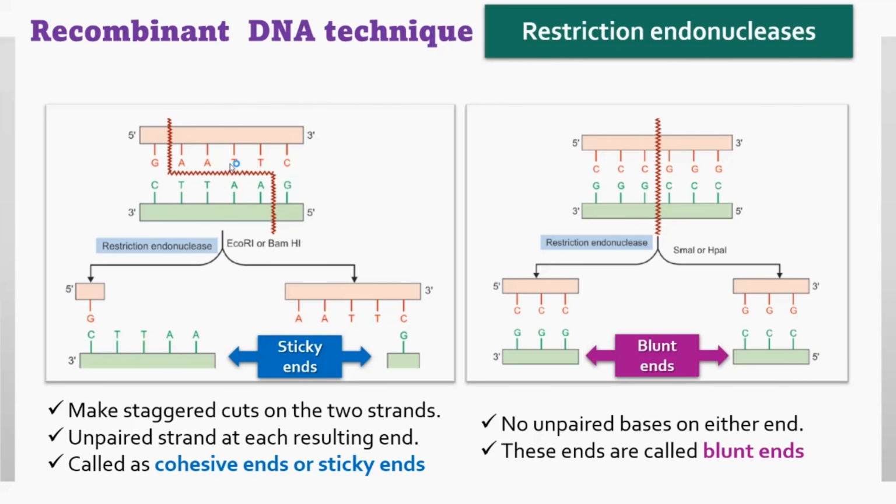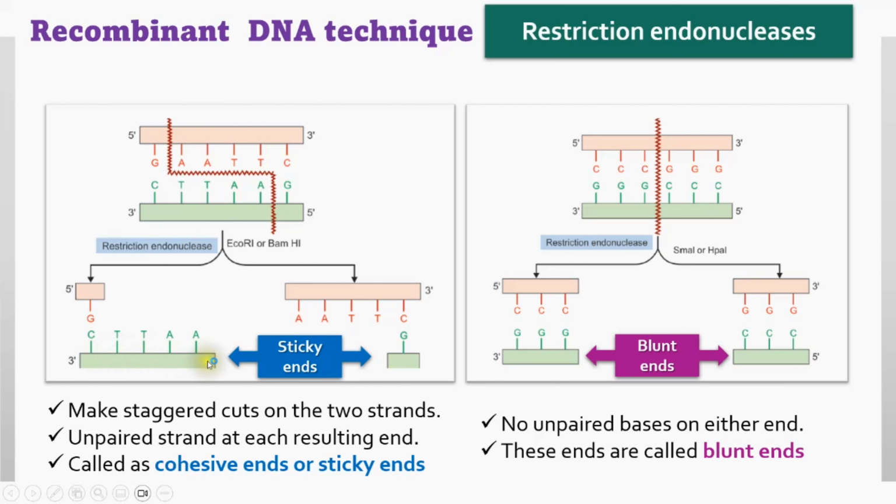Now these enzymes can cut double stranded DNA. The manner in which they cleave double-stranded DNA produces two types of ends. One is cohesive ends or sticky ends. Another one is blunt ends. Those enzymes which produce cohesive ends or sticky ends cut so that there will be unpaired strands.